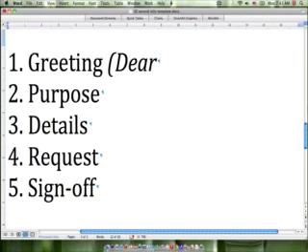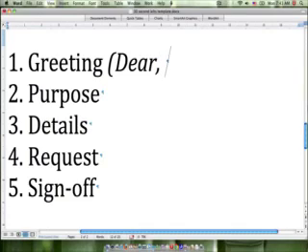Dear would be for maybe our friend, so dear Stephen. Or if we're writing to a company but we have something positive to say, we might write dear such and such bookstore, dear so and so restaurant, on friendly terms.